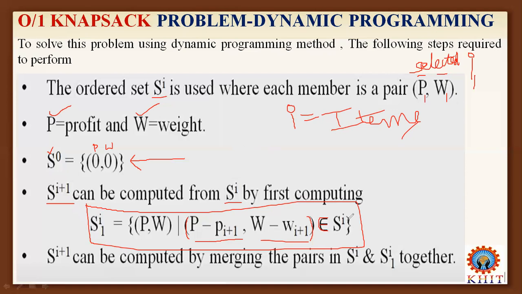Next, S^(i+1) can be computed by merging the pair of values S^i and S^i_1. So here there is a formula: S^(i+1) equals S^i union S^i_1.